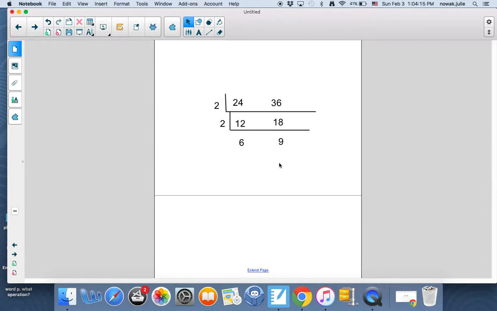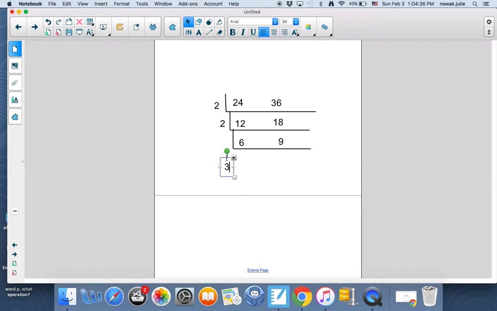Now, is there a common factor for 6 and 9? Yes, 3. So I continue with my ladder. And I said the common factor was 3.